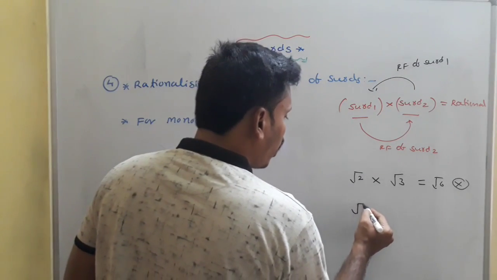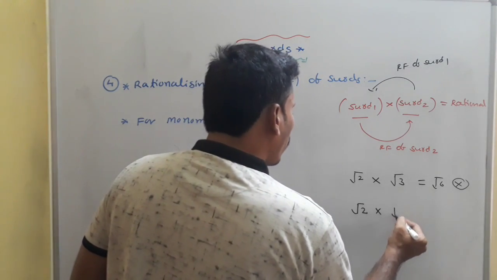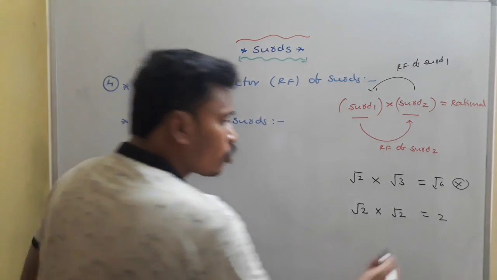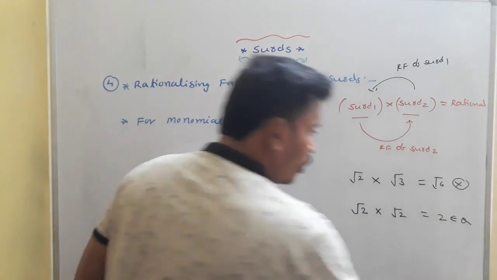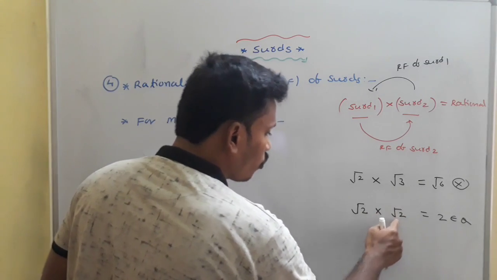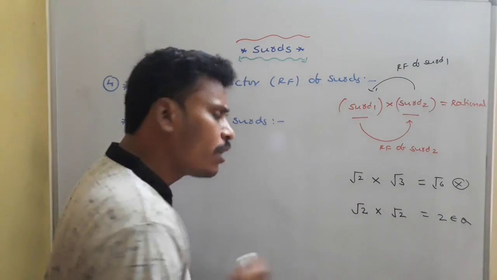But if I take root 2 and multiply it with another root 2, root 2 into root 2 is 2. So 2 is a rational number, we know it. So this root 2 is rationalizing factor of that root 2, as well as that root 2 is rationalizing factor of this root 2. See, not only one.